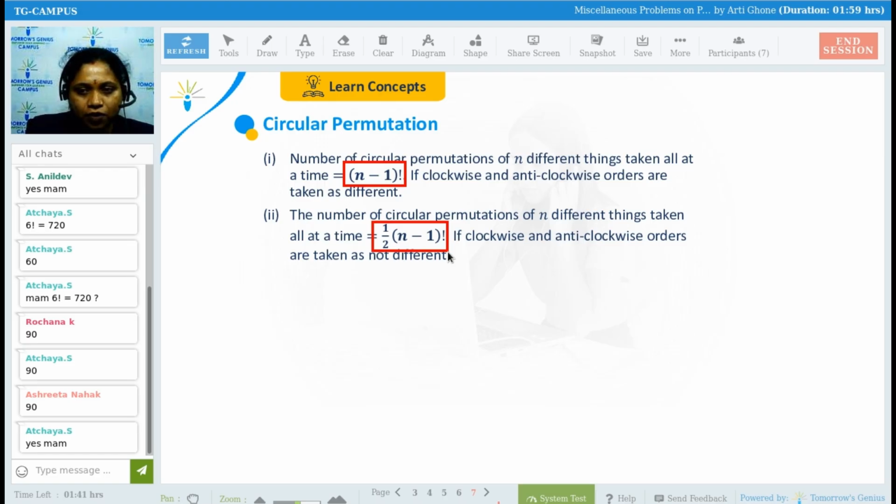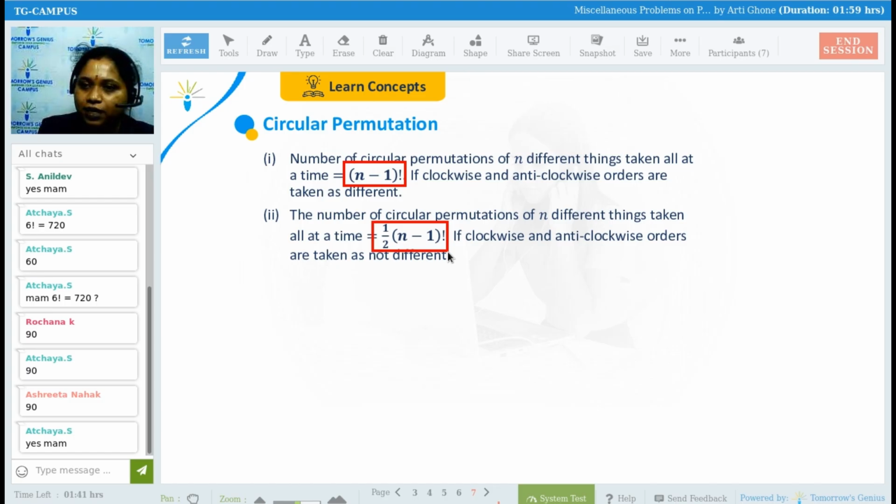The number of circular permutations of n different things taken all at a time is n minus 1 factorial, if clockwise and anti-clockwise orders are taken as different. What does that mean? I have Kanishka, Achaya, Roshna, Netra, Bhuvna and Ashrita. How many girls? 1, 2, 3, 4, 5, 6. Six girls with me.